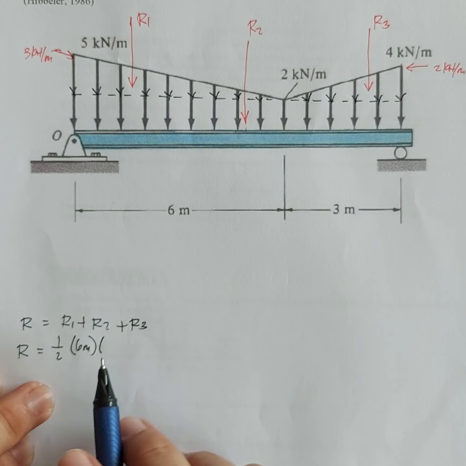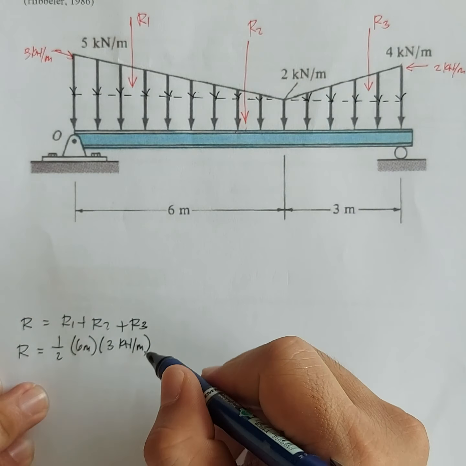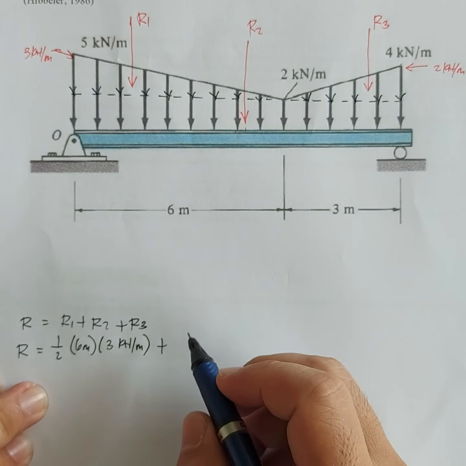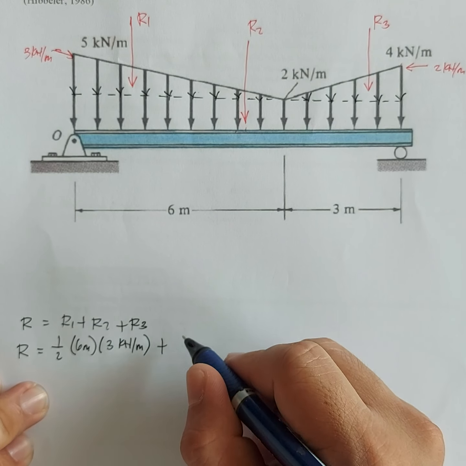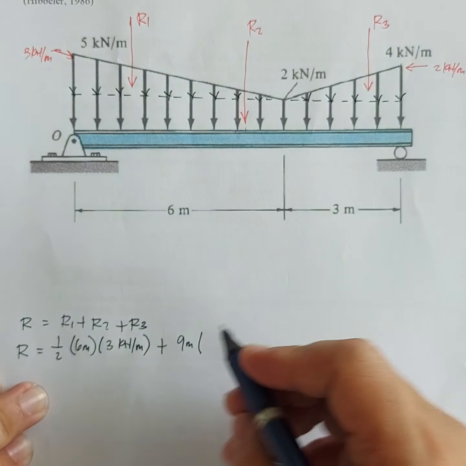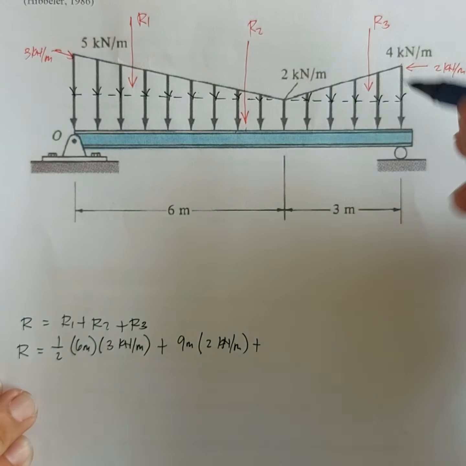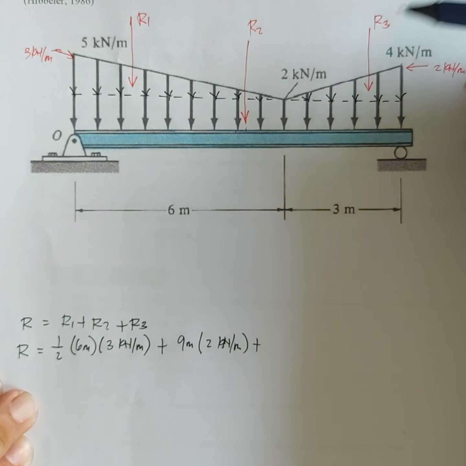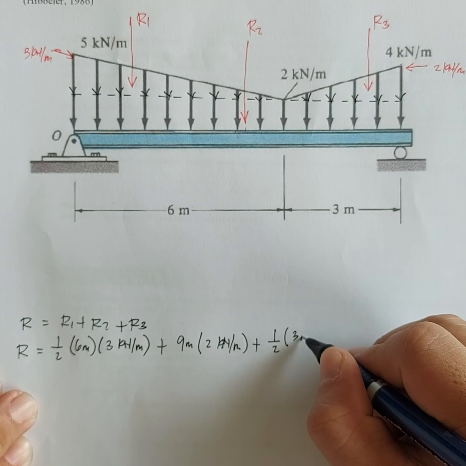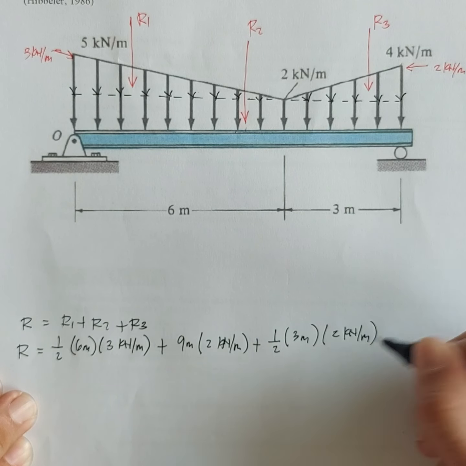So the intensity here is 3 kilonewtons per meter. Plus R2, our rectangular load: 6 plus 3, that's 9 meters times its intensity, which is 2 kilonewtons per meter, plus lastly our R3. R3 is a triangular load, so 1/2, base is 3 meters, intensity again 2 kilonewtons per meter.